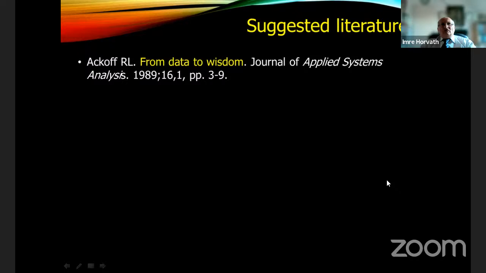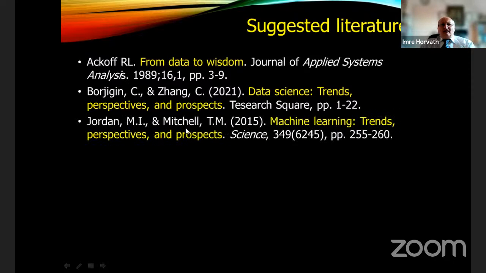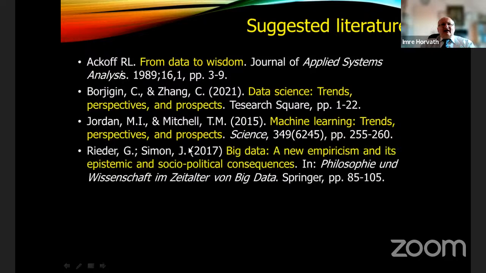Because we are almost at the end of this book, let me offer some literature for further study. For instance, Eckhoff's famous paper From Data to Wisdom. It's a bit old, but still a kind of rotating paper. Then Gordigan and Zon's paper on data science trends, perspective and prospect. Jordan and Mitchell's paper on machine learning trends, perspective and prospect.